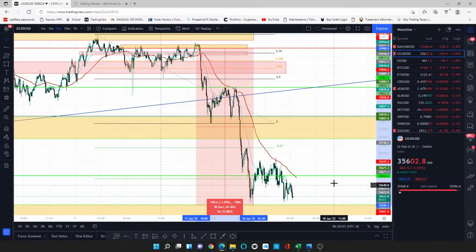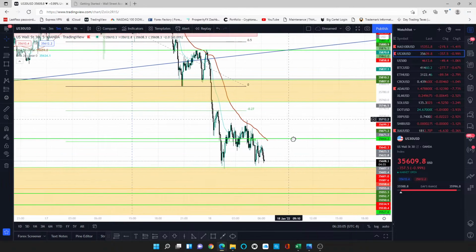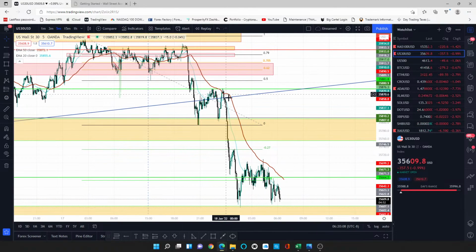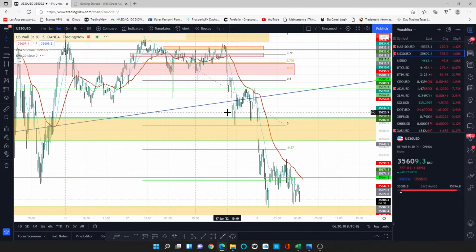All right, so we just see basically it's coming down on the 5 minutes, respecting this 50 EMA. I had a trend line set out right here too that was going, but it is what it is.